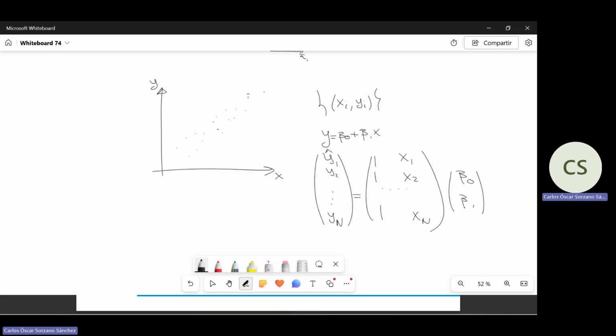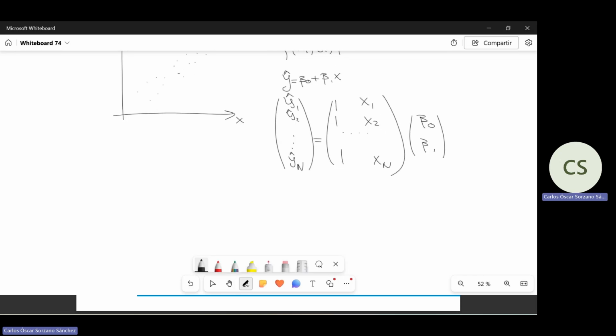These are my predictions. So what I have to find is the minimum of this norm. This is a matrix, this is the beta vector, and I have to find the vector beta.